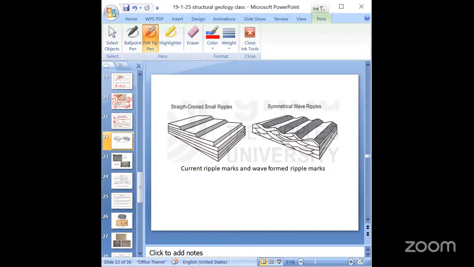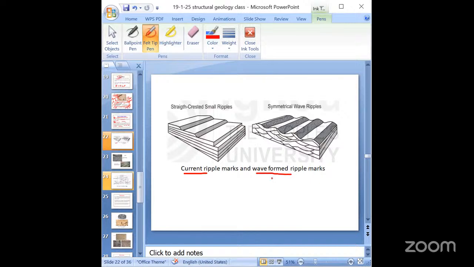Ripple marks are common in both modern sands and ancient sandstones. There are two common types, symmetric and asymmetric, also called current ripple marks or wave-formed ripple marks.